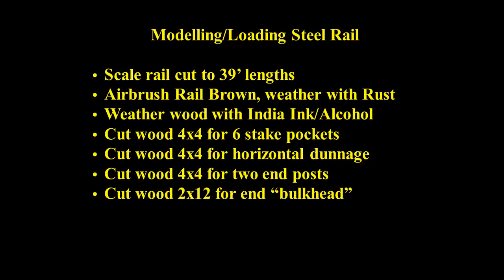So first thing is to cut some 39-foot lengths, which is a standard length of a jointed rail. Airbrush the rail, rail brown and a little bit of rust.